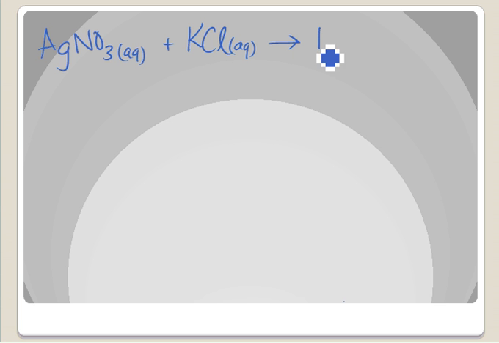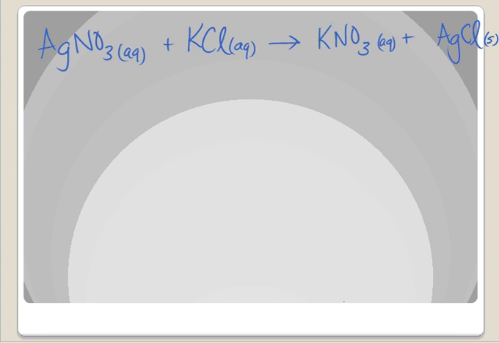So you will have potassium nitrate, and you will have silver chloride. If you look up the solubility tables, you will see that potassium nitrate gives you an aqueous solution. Silver chloride will give you a solid. It is insoluble. You have to then make sure that it is balanced. We have one silver, one nitrate, one potassium, one chloride, one chloride.